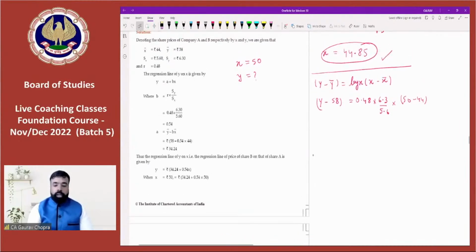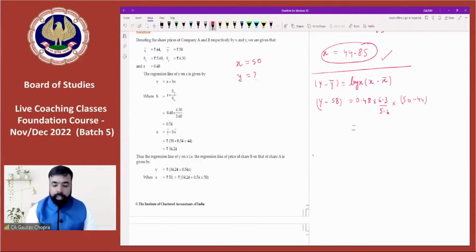So now let us simplify and get the result. How much are we getting? 0.48 multiply by 6.3 multiply by 6 divide by 5.6.